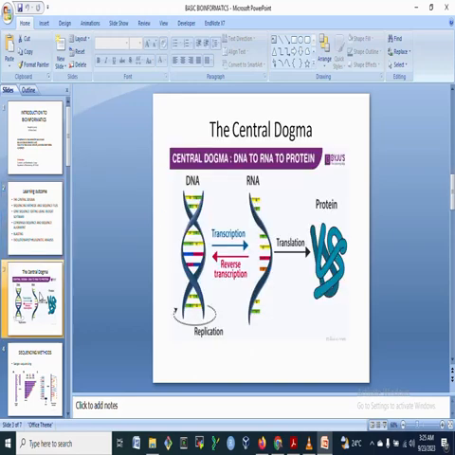You may have looked at central dogma before. Central dogma has to do with going from DNA to RNA and then to protein. How much do you know about replication, transcription, and translation of the DNA molecule?